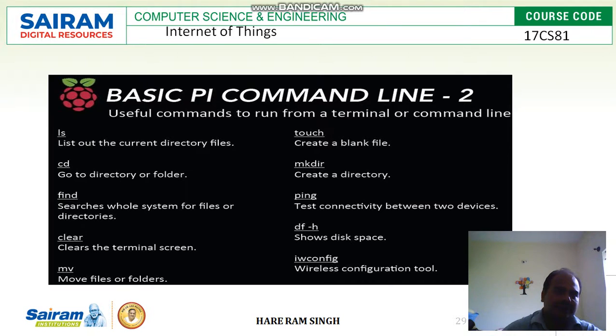What is it used to do? It lists out the files or directories in the current directory. Same thing. cd, it is change directory. Go to the directory or folder. Then find, it searches the whole system for files or directories. So the find command is used to search all the files present in the Raspberry Pi computer.